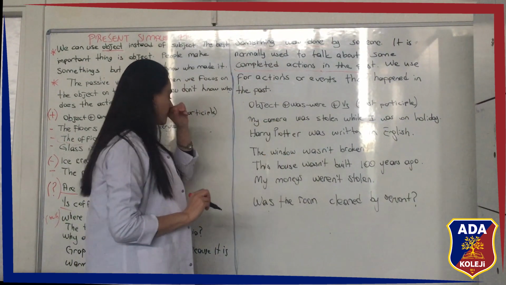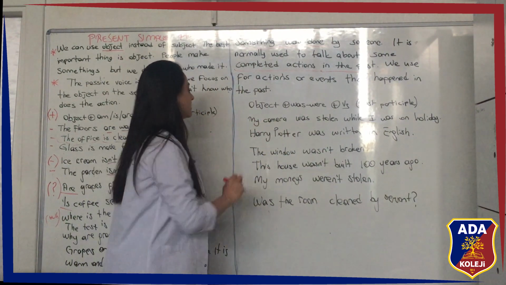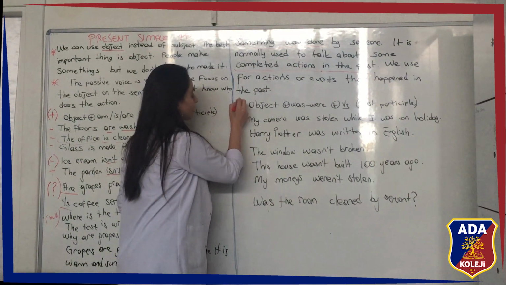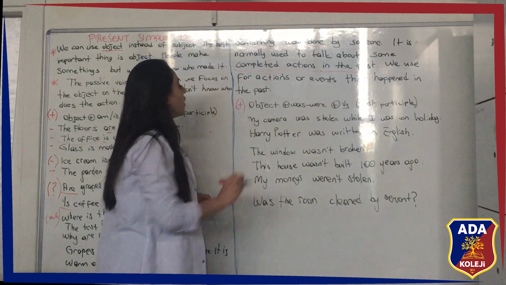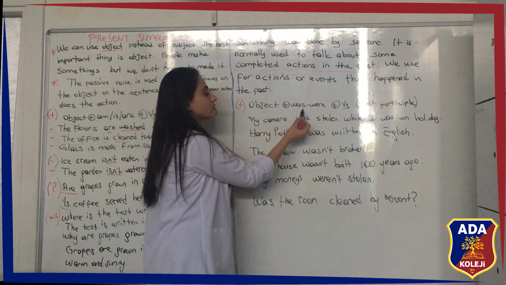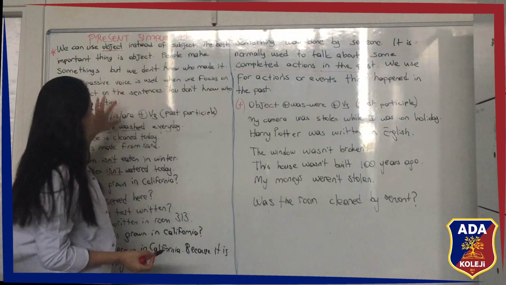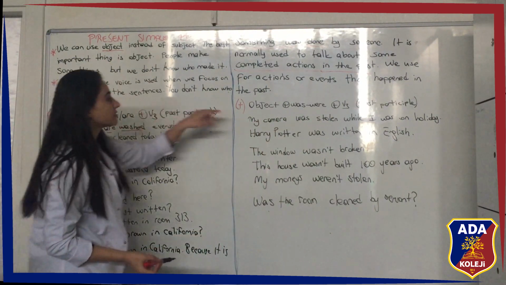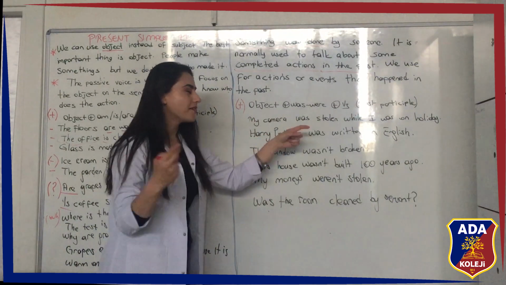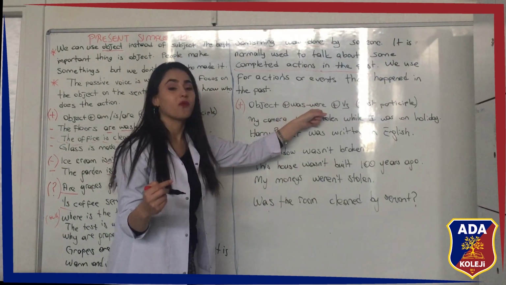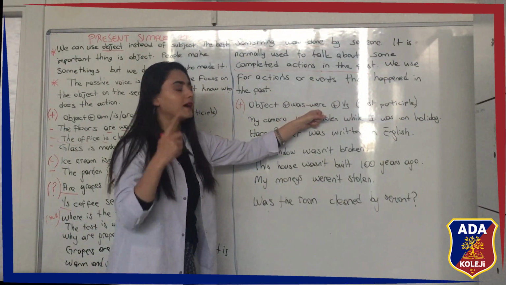Now we have structure about it. Firstly, affirmative sentence: object, and then normally in present simple we will use am, is, are, but in this part, be careful please, was is the verb. Why? Okay, think about it.